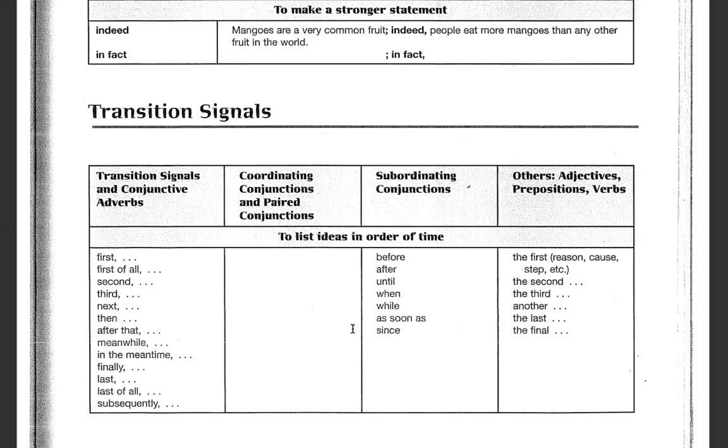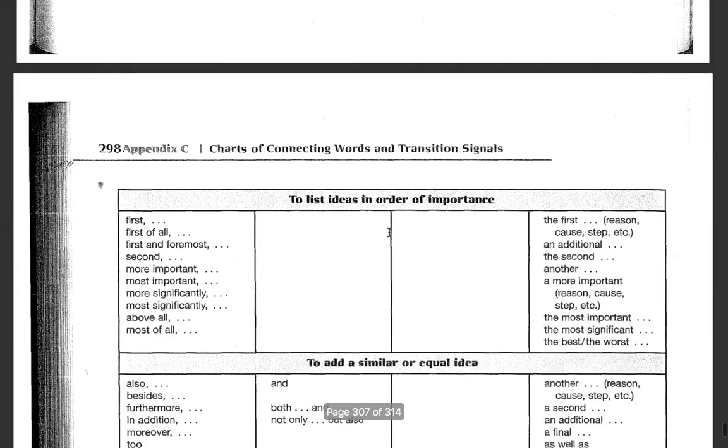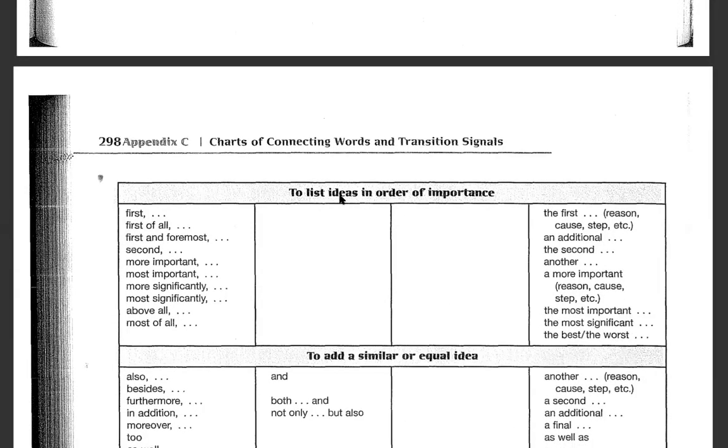So this is to order time. The second one: list ideas in order of importance. If I have two important ideas and I want to say the most important first, I can say first and foremost, most significantly, more significantly, most importantly. These are also tools that organize my ideas, and they come at the beginning of the sentence followed by a comma.